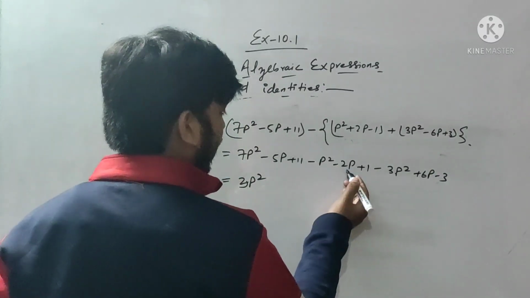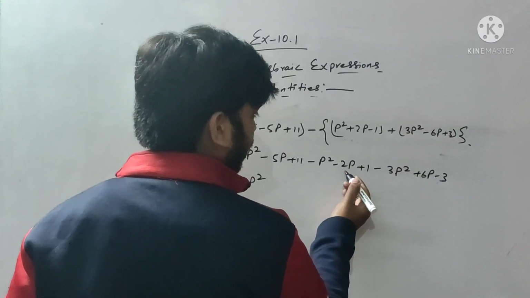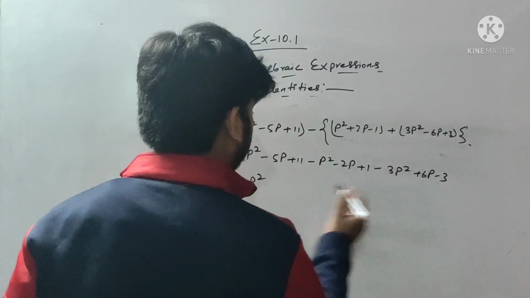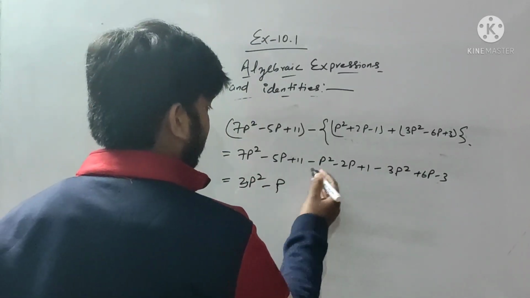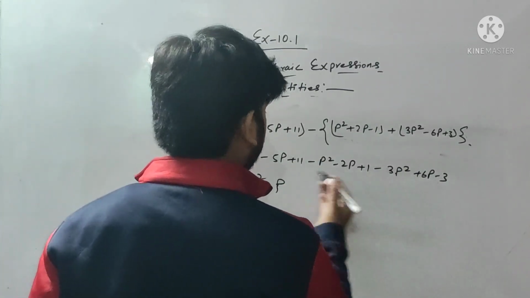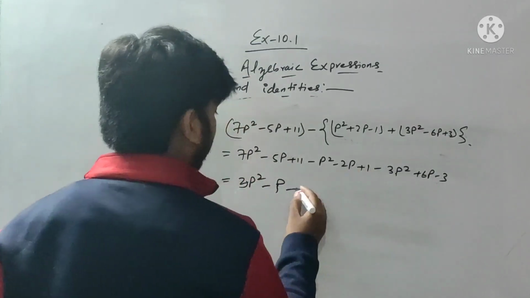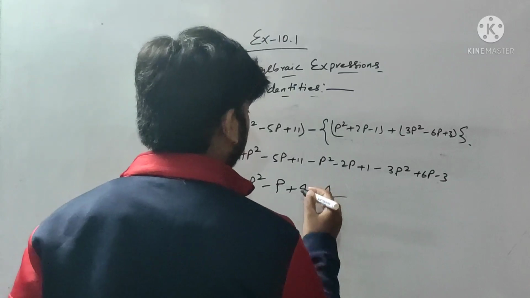And here is 5p and this is 2p, and this is 6p. So after subtraction it will be minus p only, and this is 11, this is plus, this is 3. So 11 minus 3, that will be 8, 8 plus 1, that will be 9. So this will be the third side.